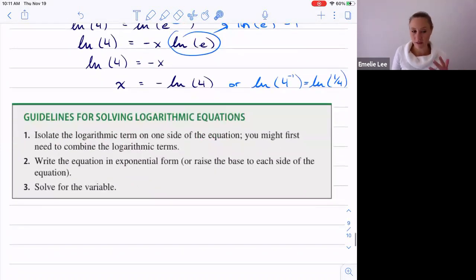I like to have it on the left. As a heads up, you might first need to combine the logarithmic terms, so that's why we need to be really good at combining logs. Then write it in exponential form: to undo a log, we use the exponent, and to undo exponents, we use logs. Then solve for the variable.